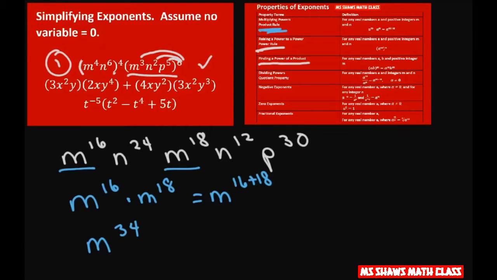All right, and let's do the same thing with the n's. So we have n to the 24th times n to the 12th. That equals n to the 24th plus 12th, so that equals 36.